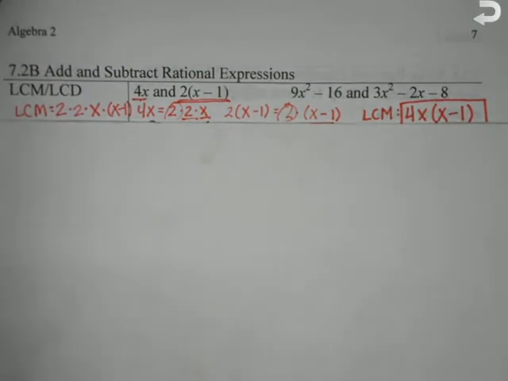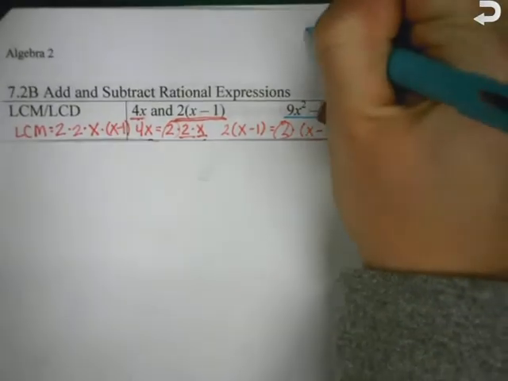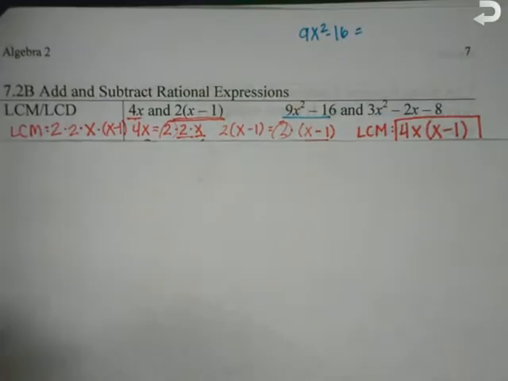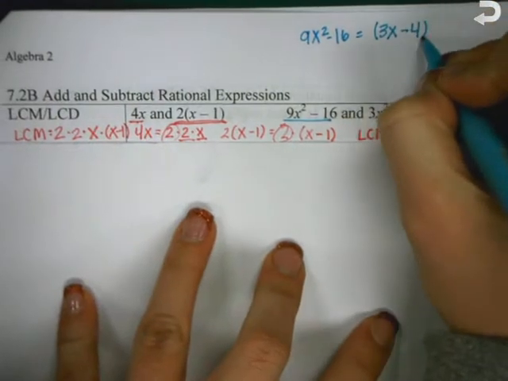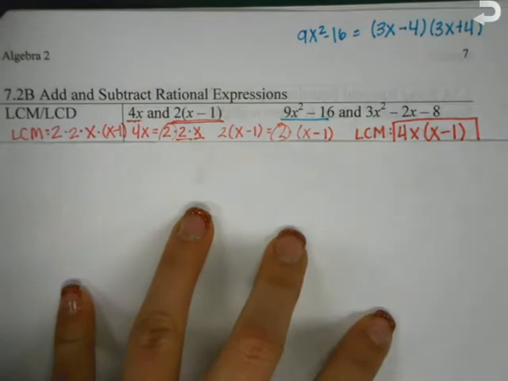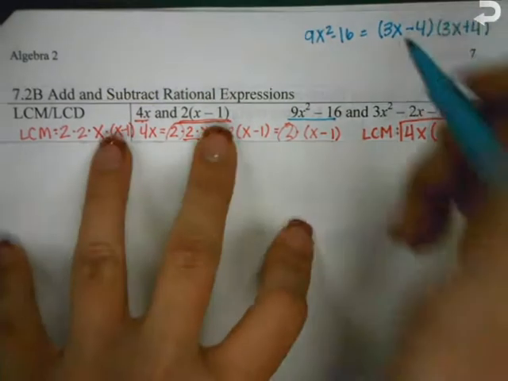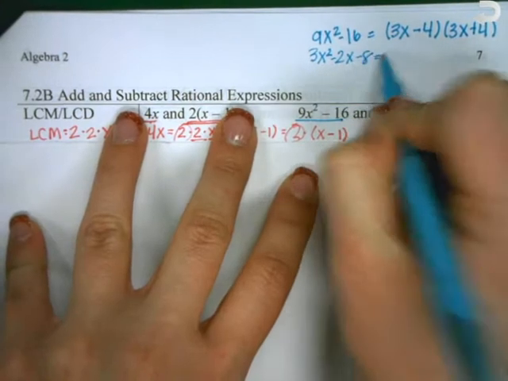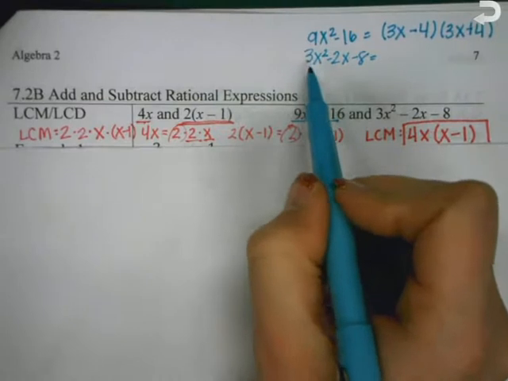Okay, I have 9x squared minus 16, and I'll just do it on top. Okay, how does that factor out? Good, 3x minus 4 and 3x plus 4. Okay, what about this one? 3x squared minus 2x minus 8. Okay, we have to do bottoms up.